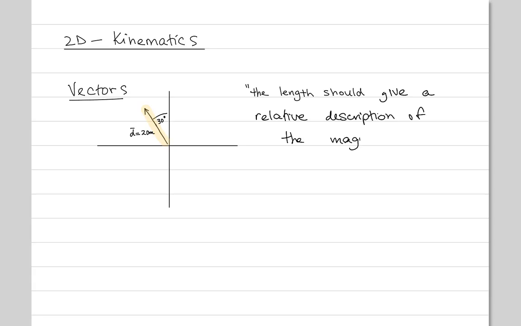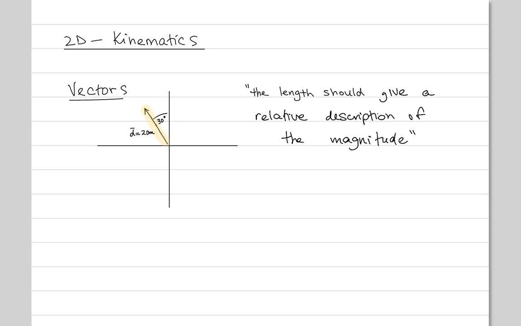So if you were to do this properly, you would maybe have a legend, maybe 1 centimeter is 5 meters or something like this. But we don't need to be that descriptive in this course. I would just say, if you were going to draw another vector of 10 meters, you would roughly draw it half the size. Or if you had to draw a displacement of 40 meters, you would draw it double this size. Okay, so the length should give a relative description of the magnitude, the size.